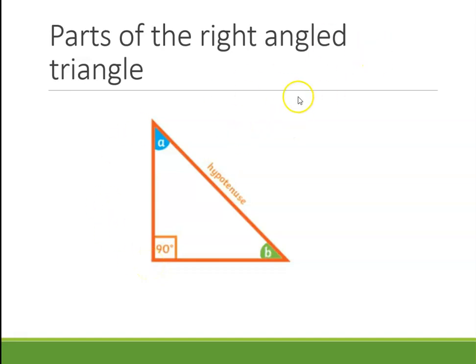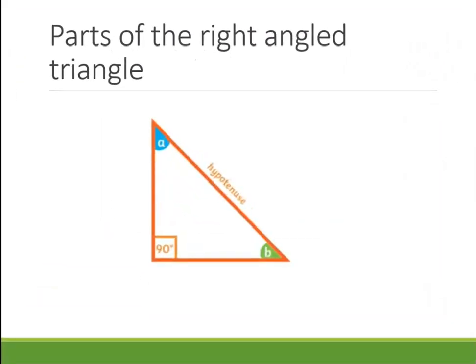Now, what you really need to know as it relates to Pythagoras theorem is the hypotenuse. You need to be able to identify the hypotenuse in a right-angled triangle. The hypotenuse is always facing opposite to the 90 degree angle.